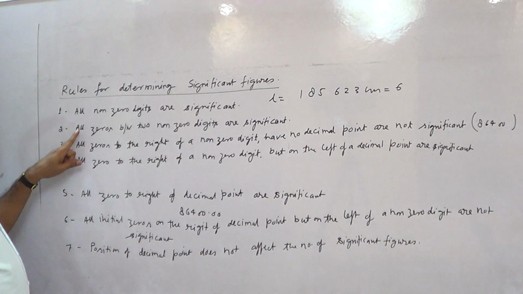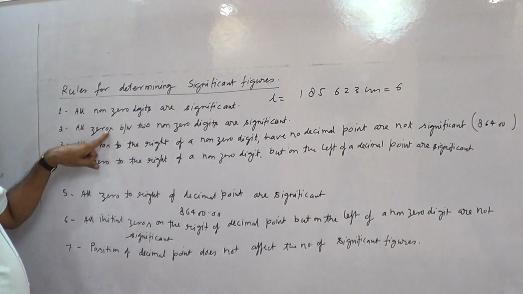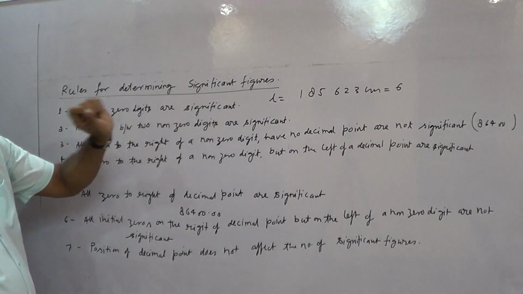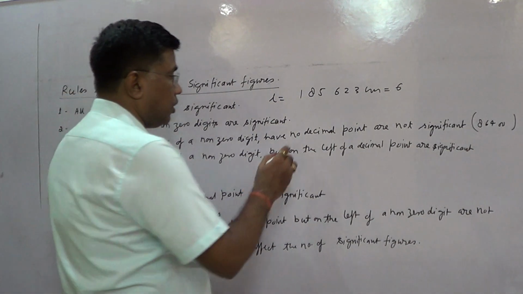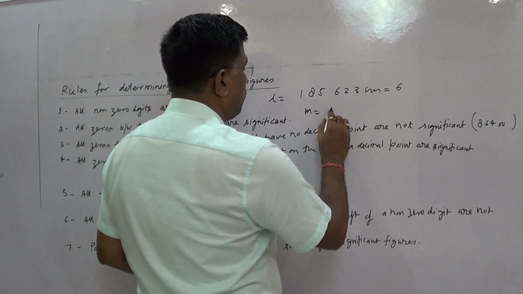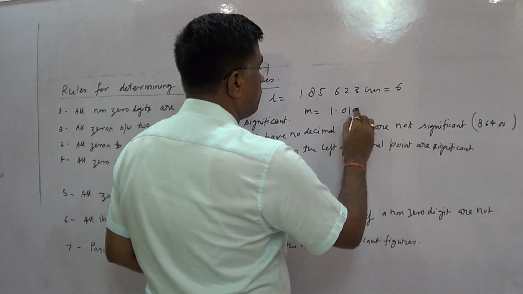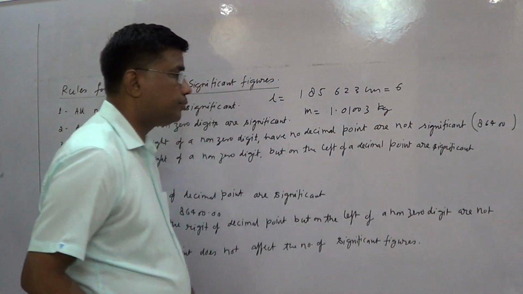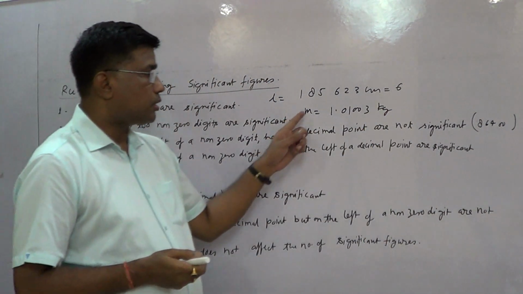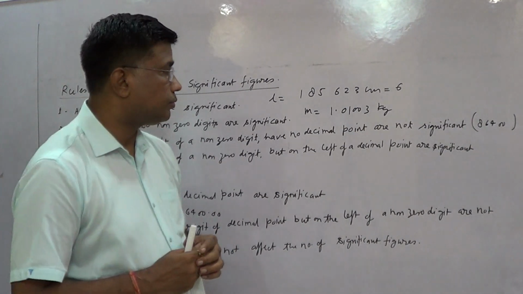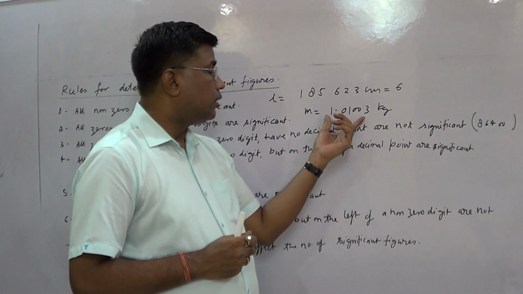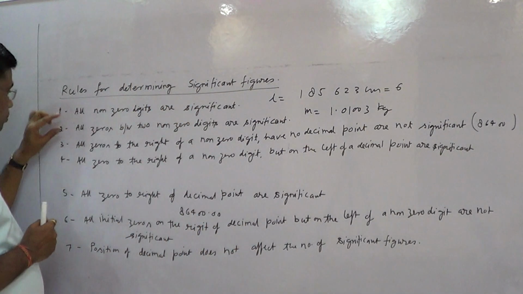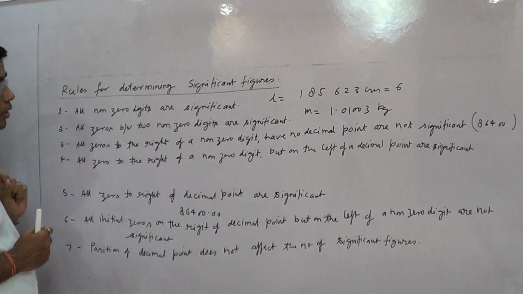Now, the second rule: all zeros between two non-zero digits are significant. Suppose a mass of 1.01003 kilogram is written. In this measurement of mass, we will think about the total number of significant figures. We will use both the first law as well as the second law.